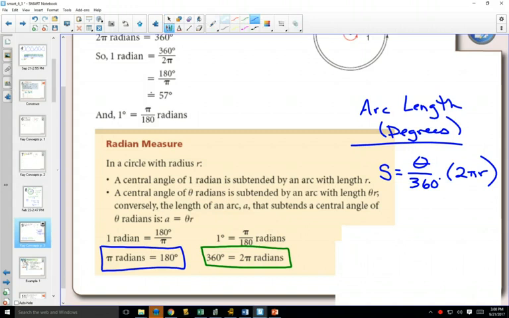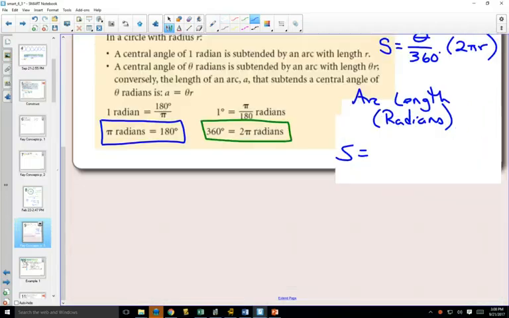We're also going to create a formula for arc length in radians. So if we're doing our arc length in radians, instead of theta over 360 degrees, we're going to write theta over 2 pi times our circumference, which is 2 pi r.